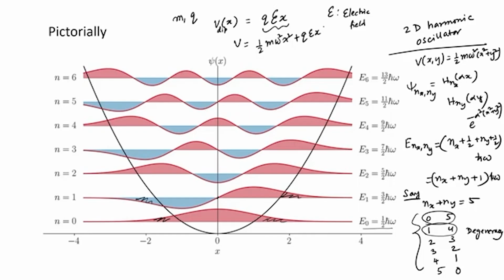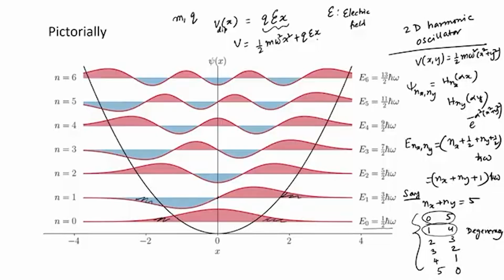Now, the question is whether you can solve this problem exactly, and it turns out that it is not a difficult problem to solve, you just have to complete the square. If you add and subtract some terms such that you can write this as some (x plus x naught) whole square, then it still looks like a harmonic oscillator with energies given by (n plus half) h cross omega, except that the oscillator will no longer execute oscillation about x equal to 0; the equilibrium point would now be shifted to some x naught.